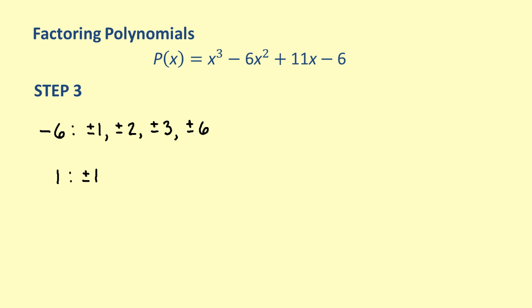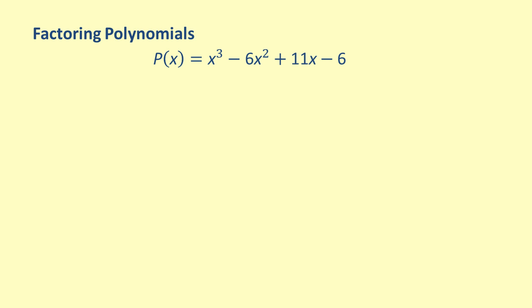Now, we'll divide each of the factors of negative 6 by the factors of 1 to get plus or minus 1, plus or minus 2, plus or minus 3, and plus or minus 6. Since we have already found that there are no negative real zeros, we can discard the negative values, so we just have 1, 2, 3, and 6.